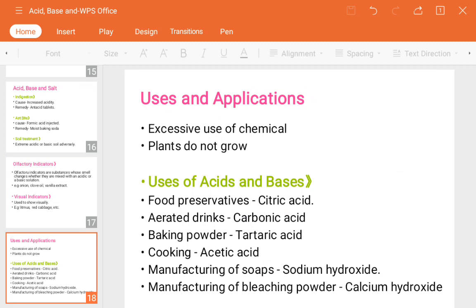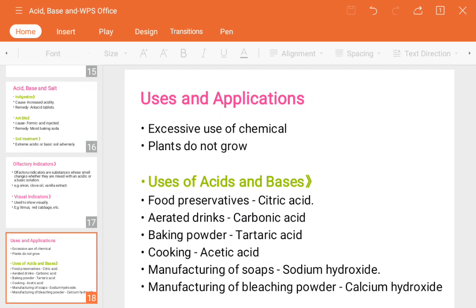In easy wording, it is one measurement of acid and base, and that measurement ranges between 0 to 14.